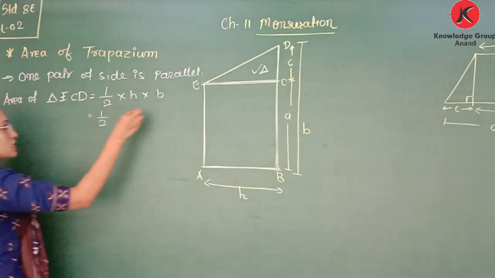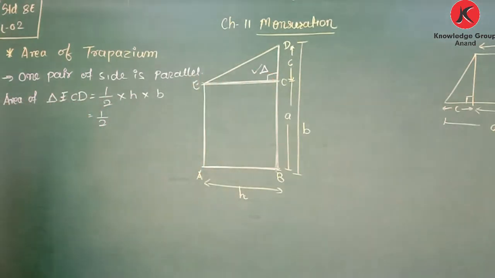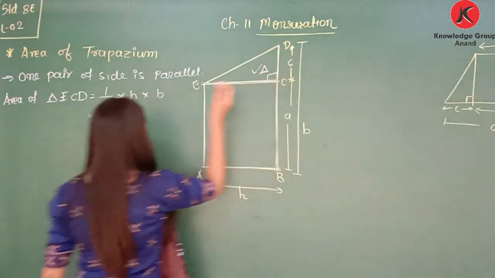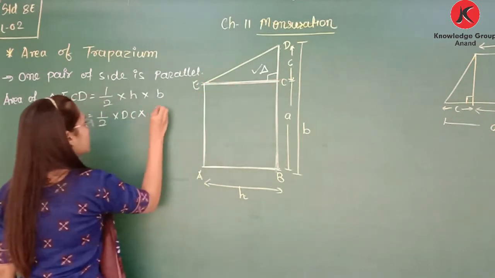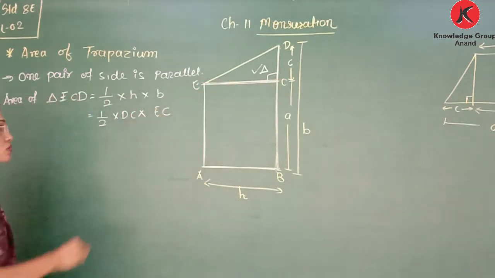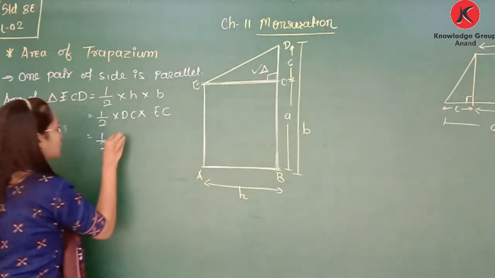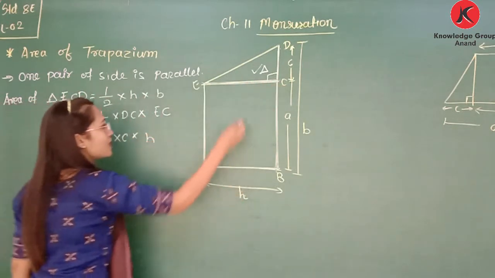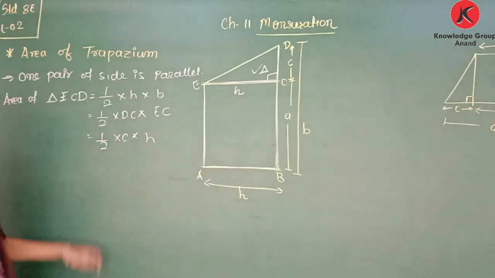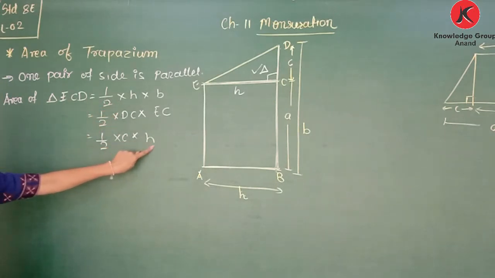Now ECD is a right angle triangle, so DC will be the height and EC will be the base. Using symbols, DC is C and EC is H, because this is H, so this is also H. So the area of triangle ECD is 1/2 C multiplied by H.